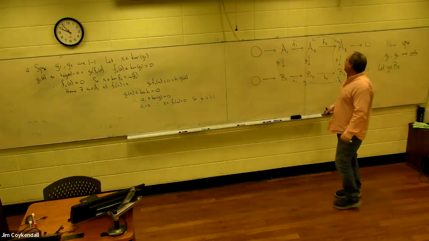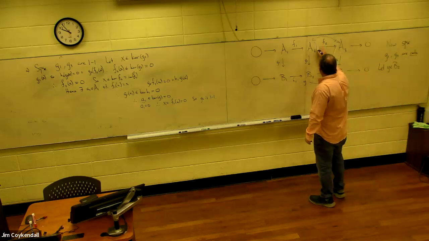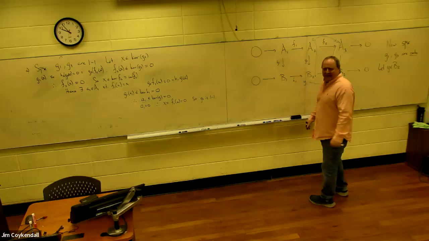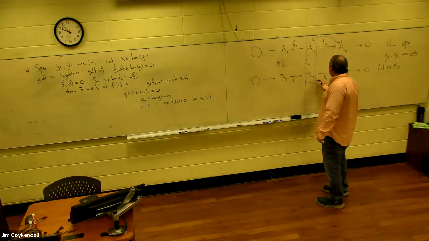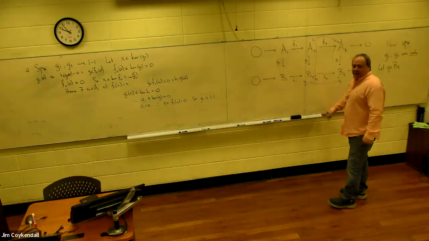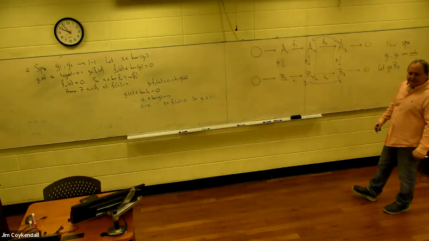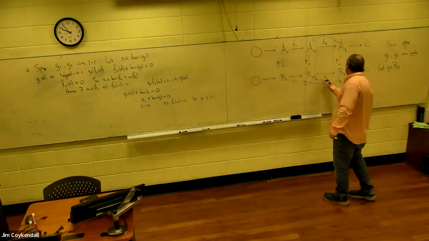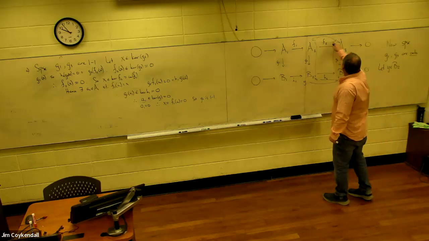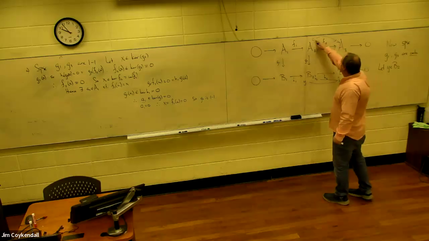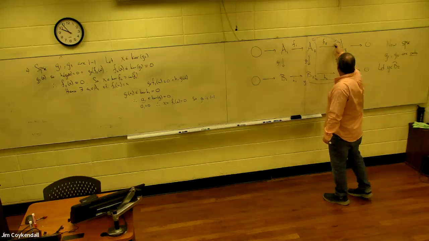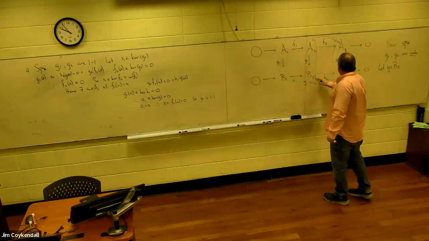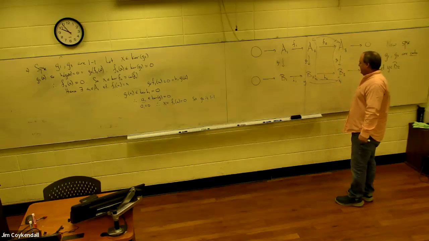I'm so tempted to say A2 goes to Y, but I can't. It just goes to some B2 here. But I do know something about B2: B2 must go to B3, because A2 goes to A3 to B3, so it has to go to B3.